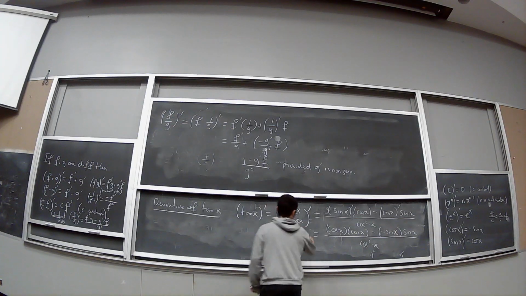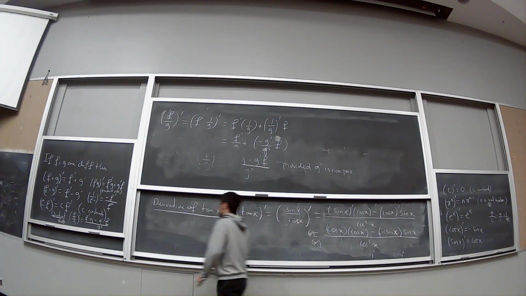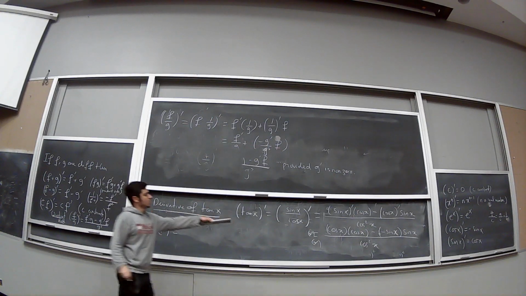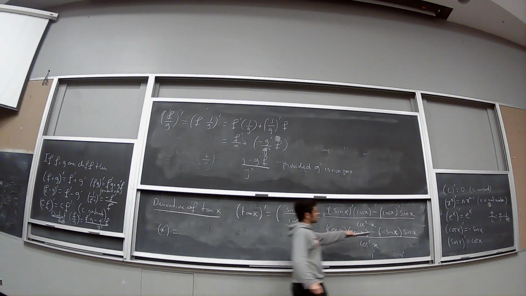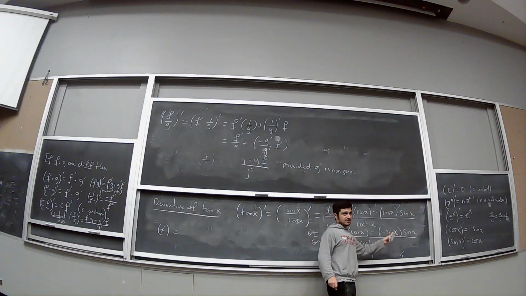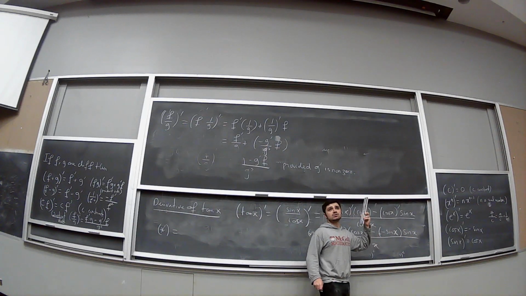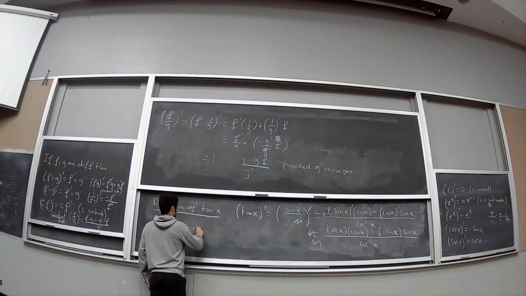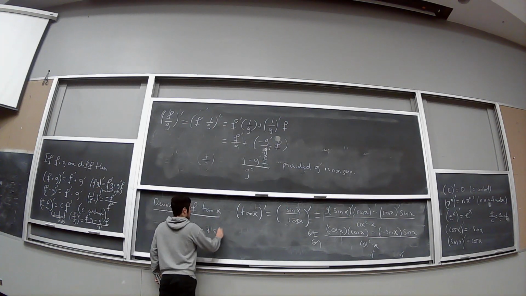Let me write here. Now, what do I get on top? I get cos squared x, sine x times sine x is sine squared, minus minus becomes plus, so I get cos squared x plus sine squared x over cos squared x. What do I get?